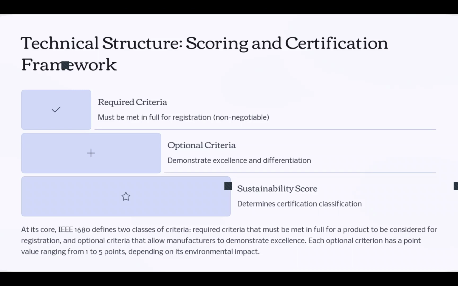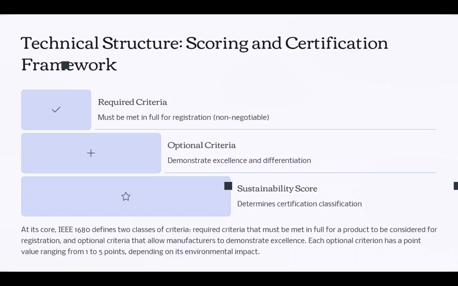So these are extra sustainability features that earn points and push a product toward a silver or gold level. Optional points usually range from 1 to 5, depending on the environmental impact. The more meaningful the environmental impact, the more points it's worth. So all the optional points a product earns are added up to calculate the total sustainability score.